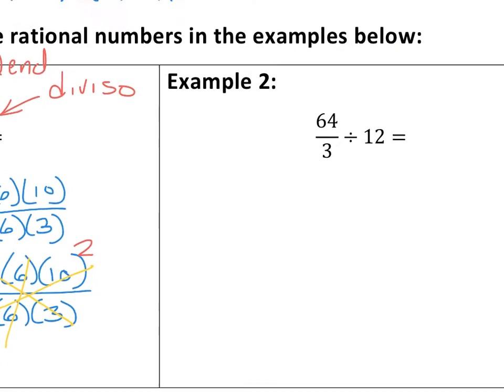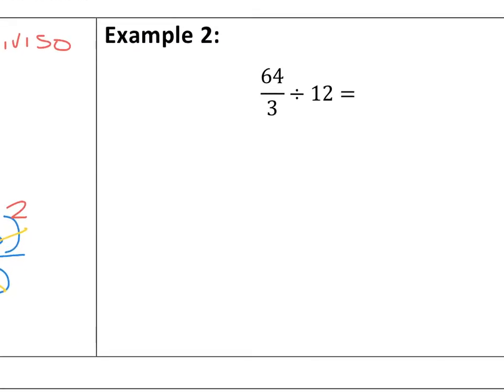Okay, I wanted to do a second example of just pure numbers. If I have 64 thirds divided by a whole number like 12, you're going to follow the same process. So we have 64, I think 8 times 8, over 3, and I'm going to turn that division into multiplication, and the 12 I'm going to turn into 1 over 12.